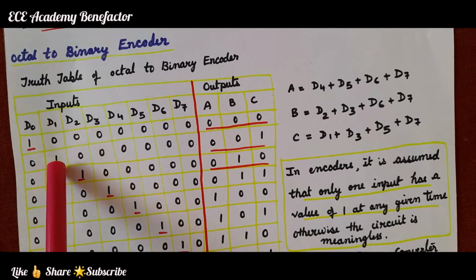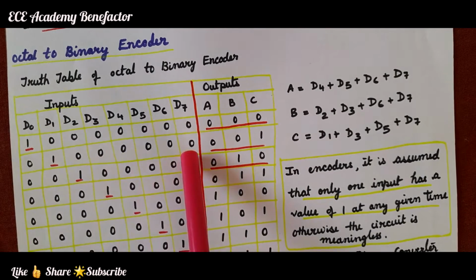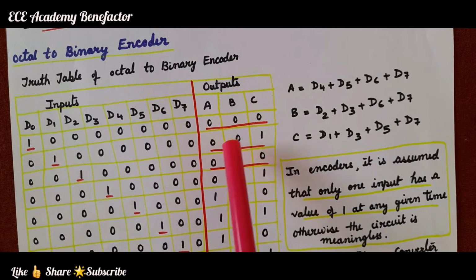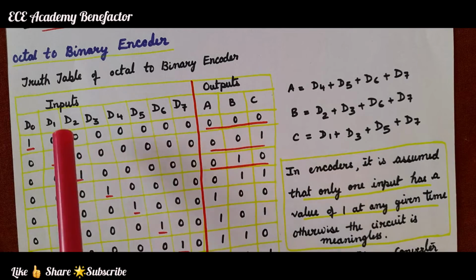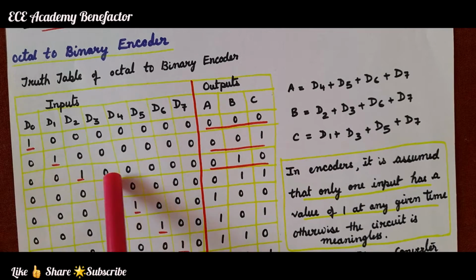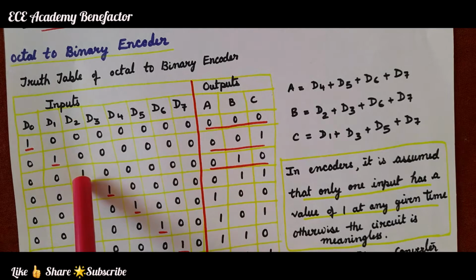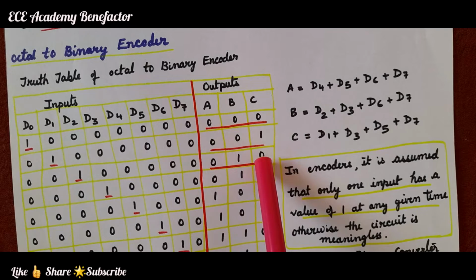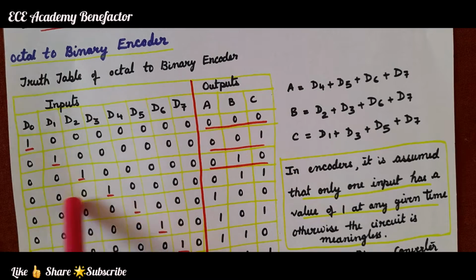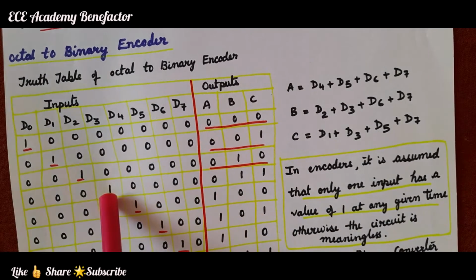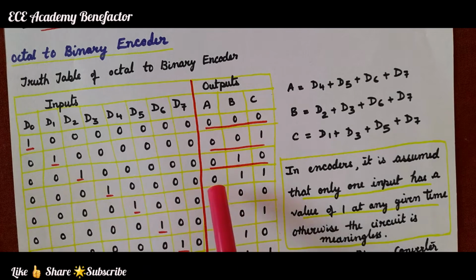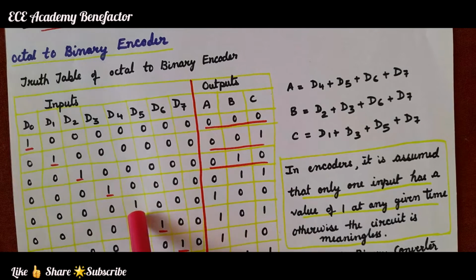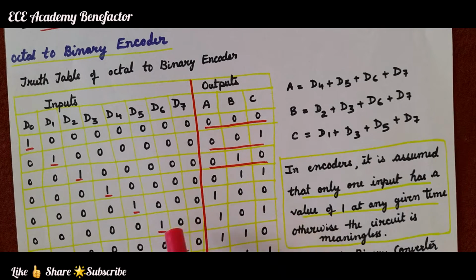If D1 is 1 and all other inputs are 0, D1 is 1 means the output will be 001. D2 is 1, all other inputs are 0, D2 is 1 means binary will be 010. D3 is 1, all other inputs are 0, D3 means 011. D4 is 1, D4 means 100.